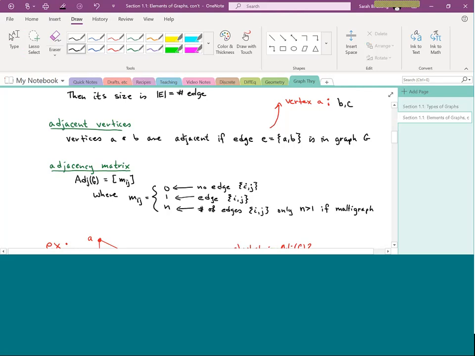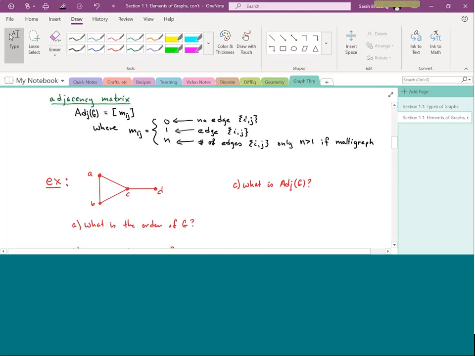And that could be a multigraph that has undirected edges or a multigraph that has directed edges. That's actually one of the ways that people spot multigraphs is they have the adjacency matrix out, and then all of a sudden they have something that's not a 0 or a 1. Bam. It's something like a 3. Whoops, there's a multi-edge right there. Okay? So that's the idea behind the adjacency matrix.